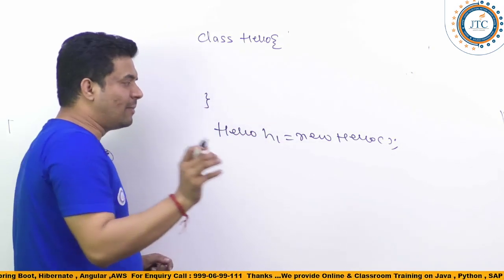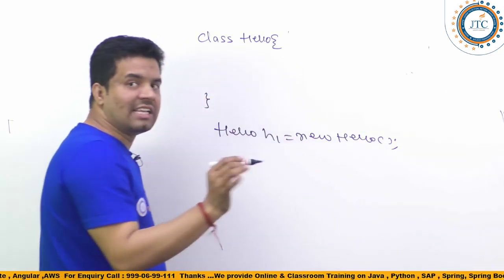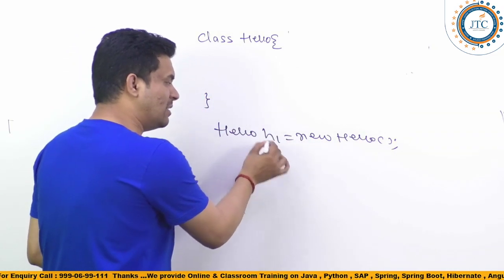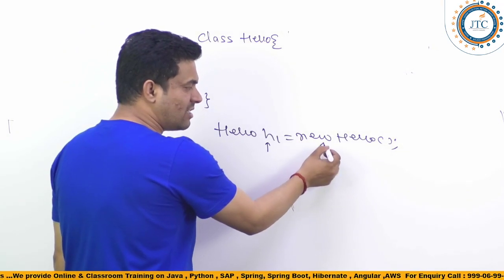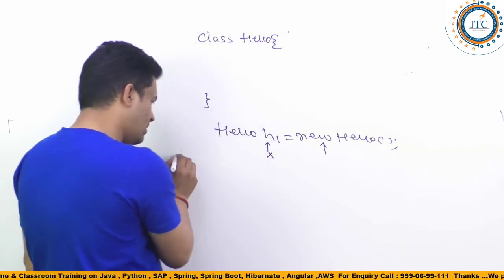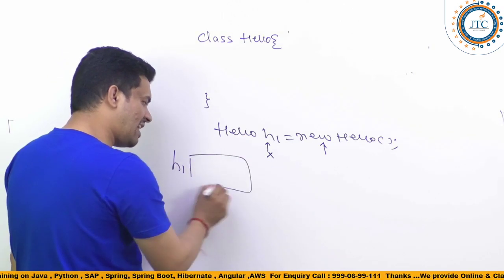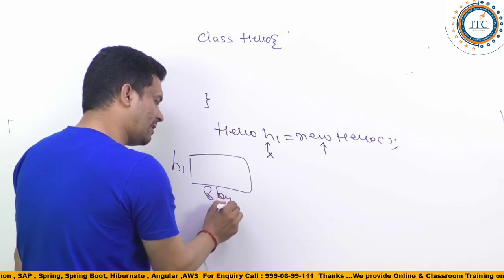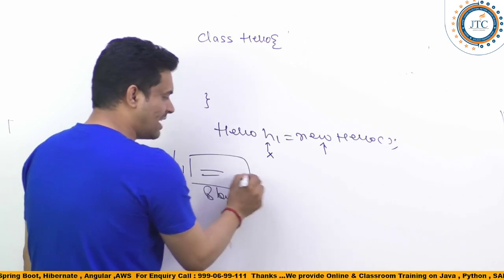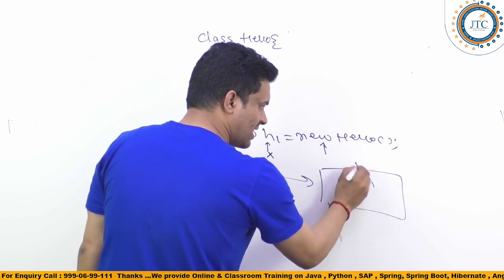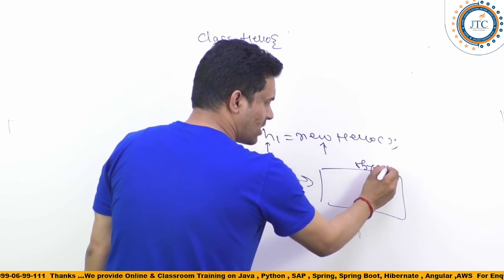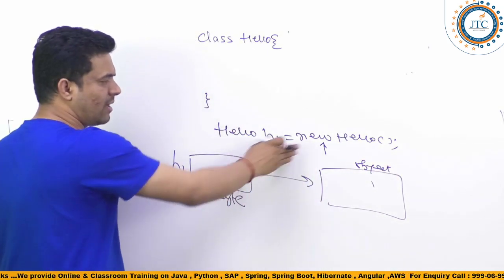Those who are saying 8 bytes, I'm talking about object size, not the reference variable size. For h1, 8 bytes of memory will be allocated for the reference, but I'm talking about the object size. I hope you are not getting confused between the reference variable and the object.